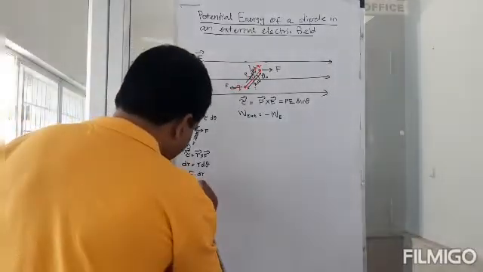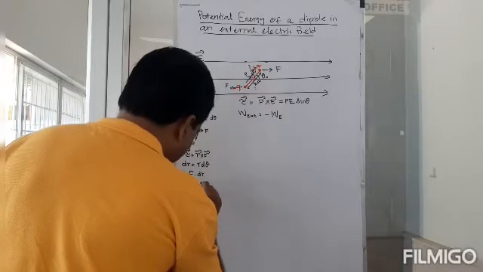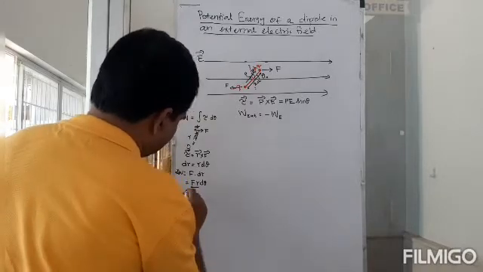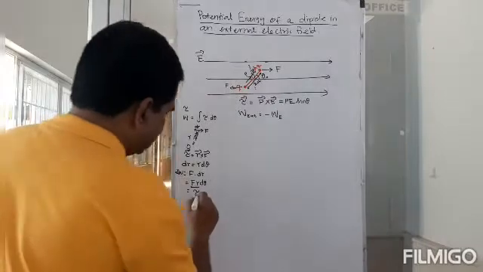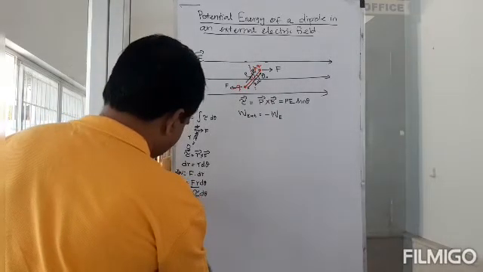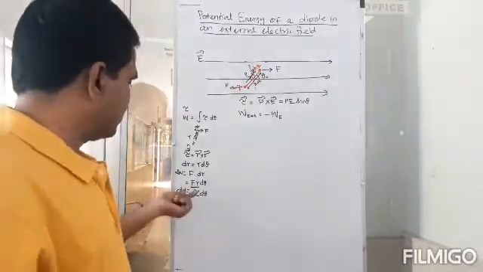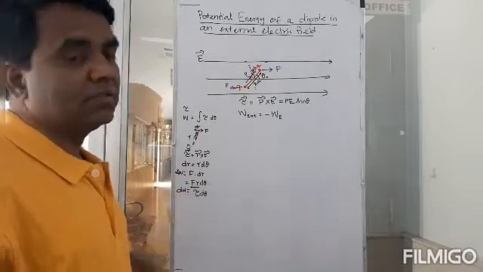So that would be F into r into d theta. But what is F into r? F into r is actually the torque tau. So tau d theta is the work done. So I get that here. The small work done is tau into d theta.